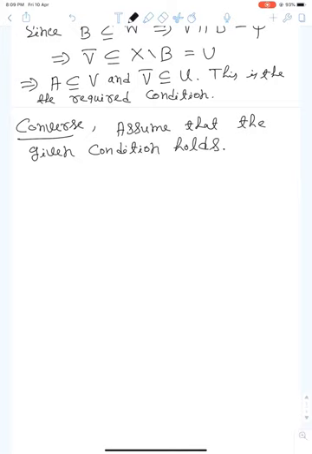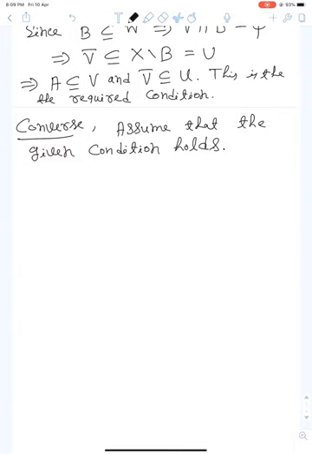So which is the given condition? That means for any pair of A and U, where A is closed, U is open, A subset of U, you always have one open set V such that A subset of V and V closure subset of U. You have this condition and you have to prove that the topological space X is normal.